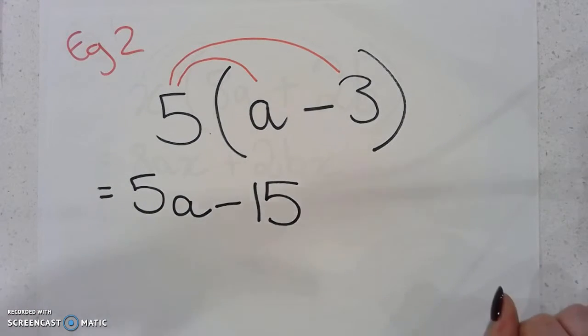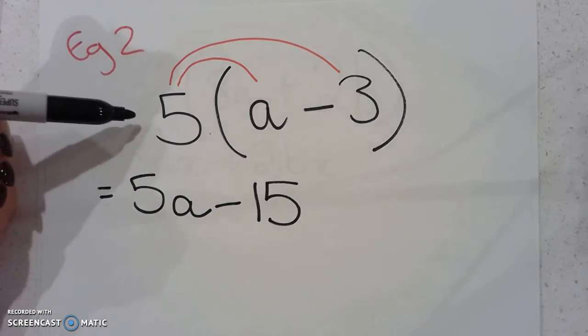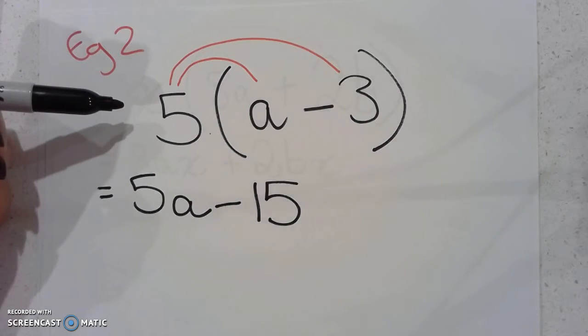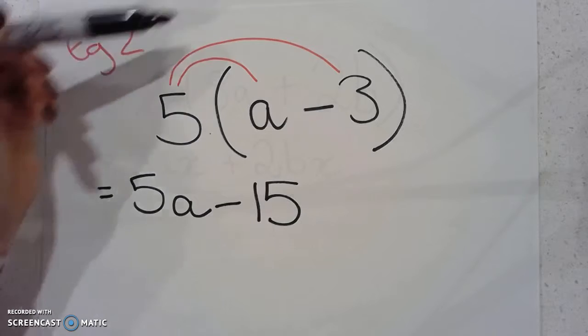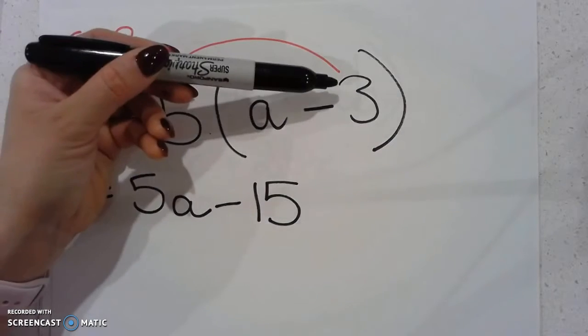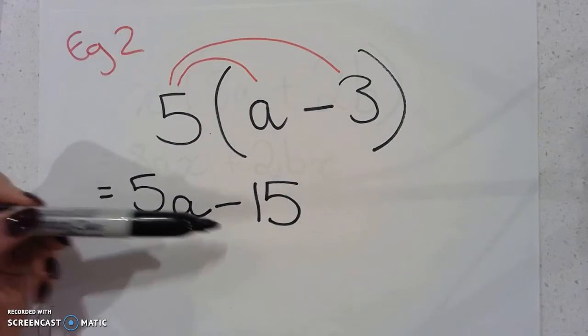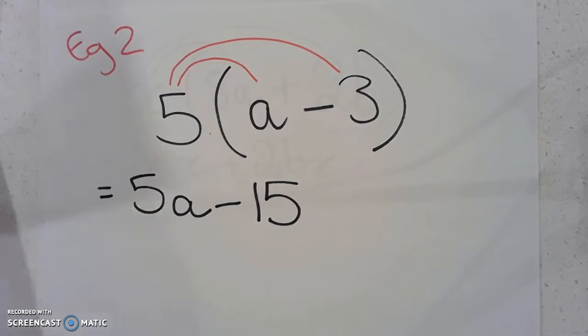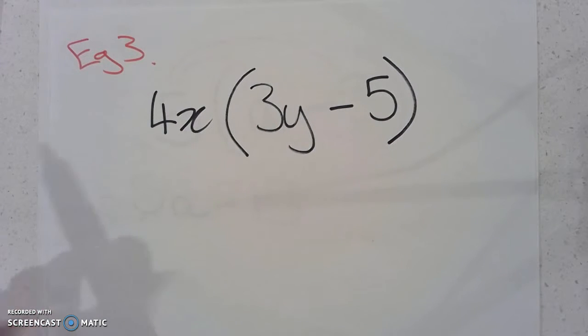That language around the positives and negatives is really important, because should this be, say, a -5, then it would be a negative times a negative, which would ultimately become a positive. So you've got to be careful with that.